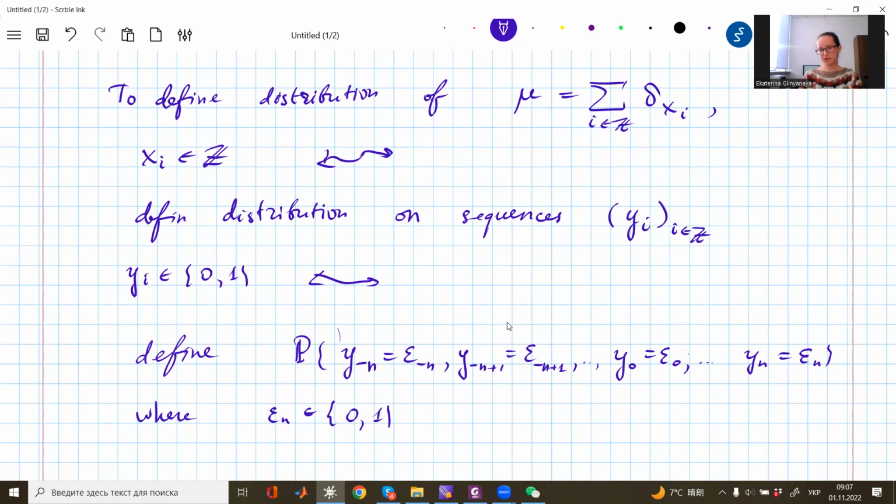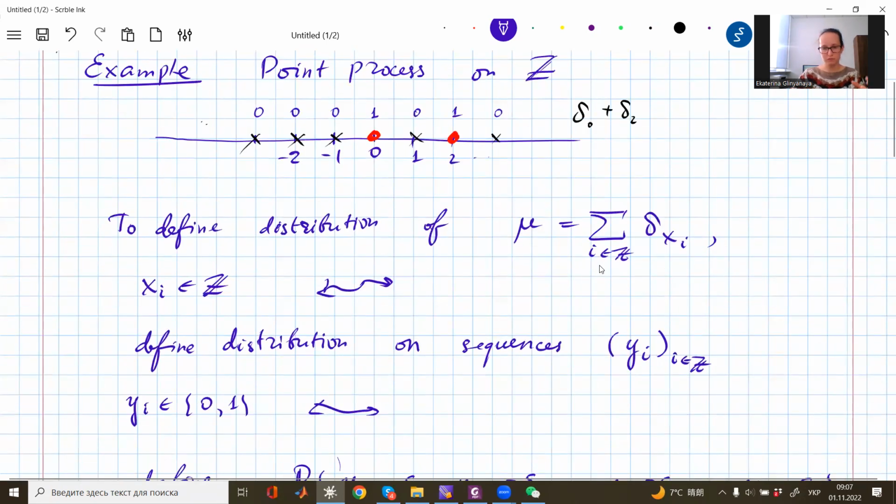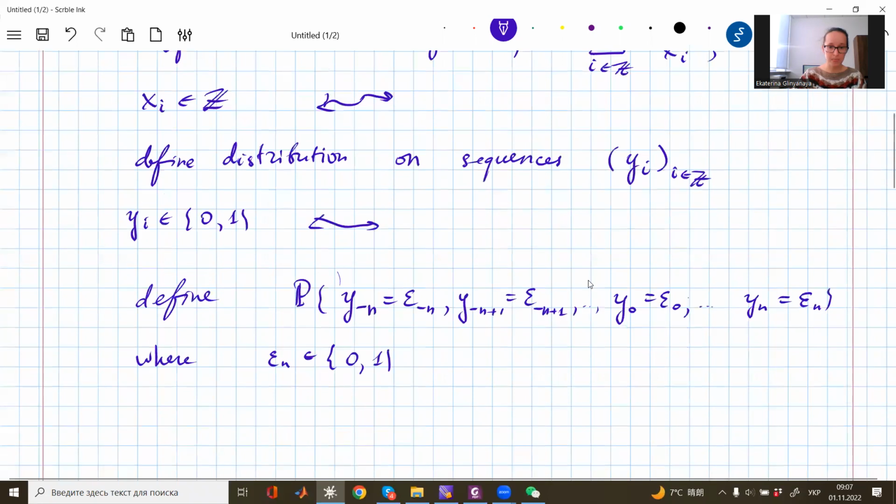So you can recognize here the finite dimensional distribution of the sequence. If I know all these probabilities, then I know the whole distribution of the sequence, and this means I know the distribution of such a measure. So this is the same.